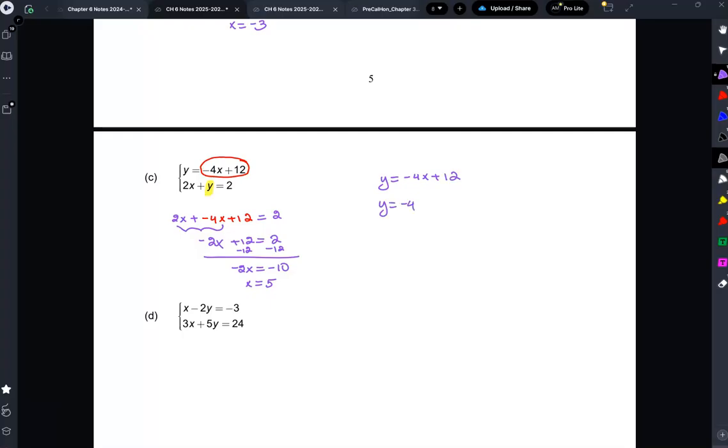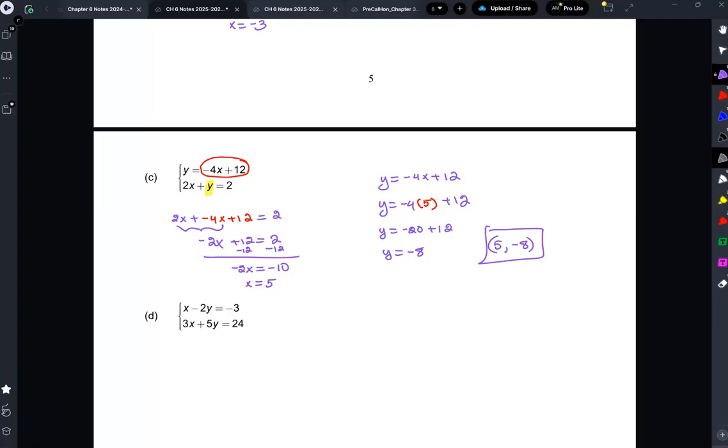Y equals negative 4 times 5 plus 12. So y equals negative 20 plus 12, negative 8. So 5 and negative 8.